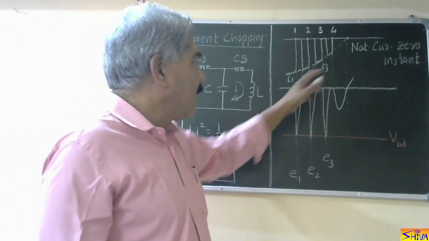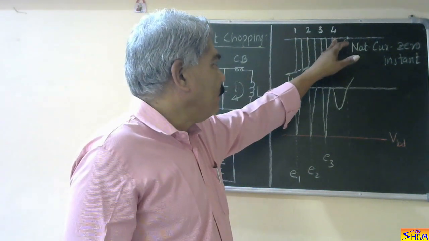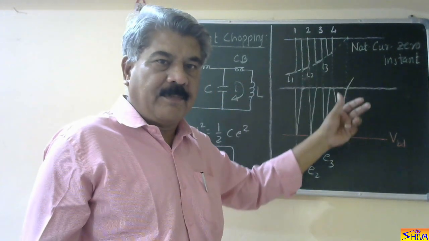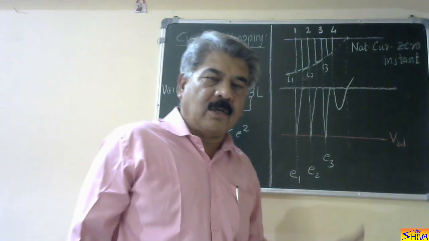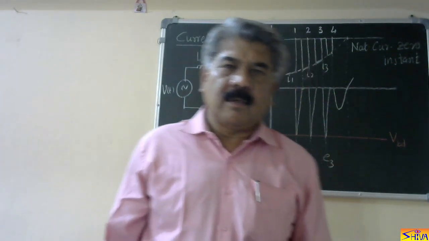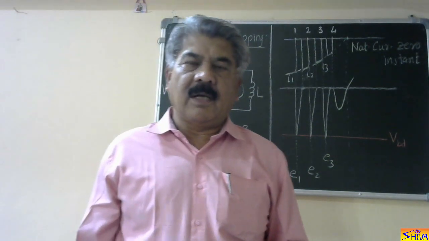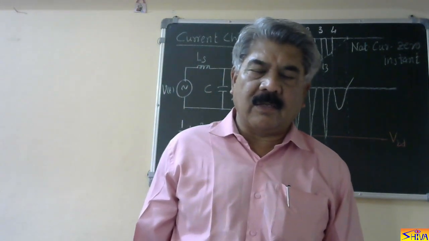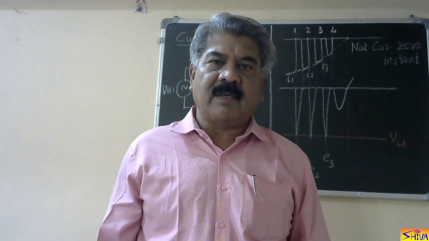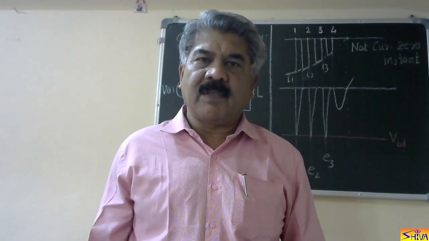And finally, arc interruption takes place well before natural current zero instant. So this is called as current chopping. So that is all about the current chopping and circuit breaker isolation or interruption of low magnetizing current or transformer shunt reactors by circuit breaker.